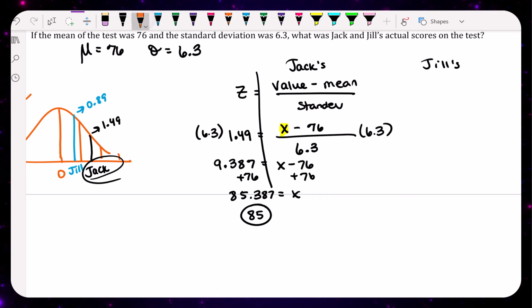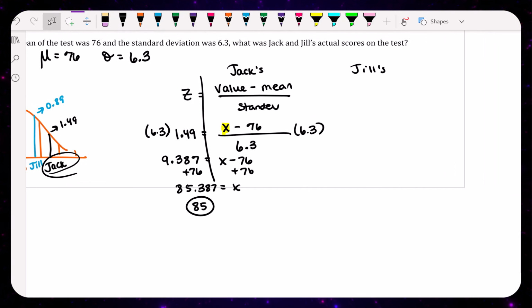Let's do the same thing for Jill. Now, this is the same test, but Jill had a different z-score because she performed a little bit less when compared to Jack. She still did really well. She was 0.89 away from the mean. We're looking for the value of the test. We're going to subtract the mean of 76, same standard deviation.